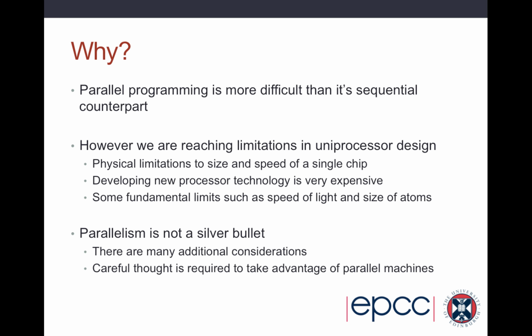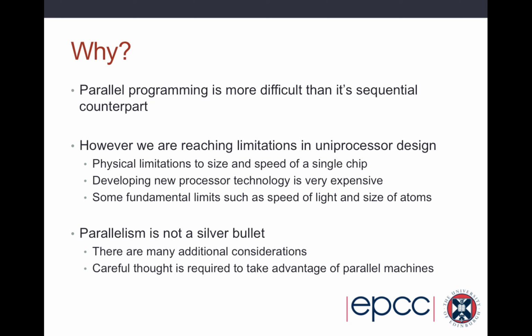So why do people do parallel programming? Because it is much more difficult than sequential programming. So the reasons are the same as the reasons for why build parallel machines. We've reached a limitation in terms of producing a single piece of hardware, a serial processor that can do the work required, due to physical limitations and the development of new process technology and some of the fundamental laws of physics.